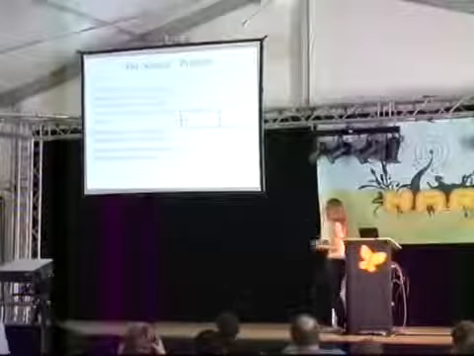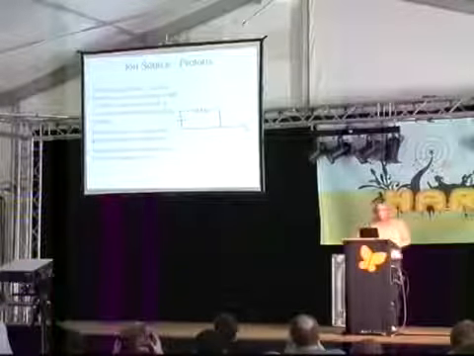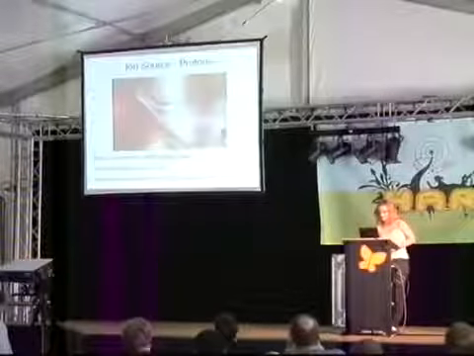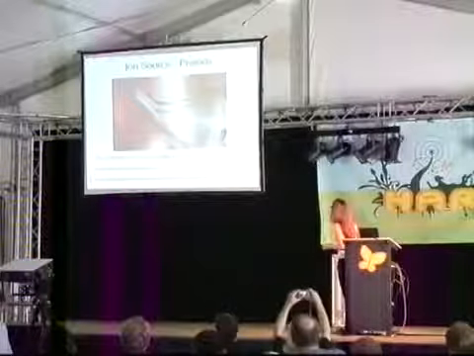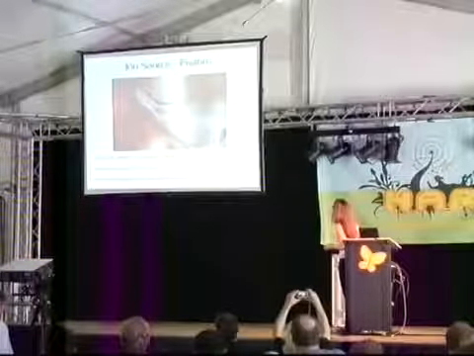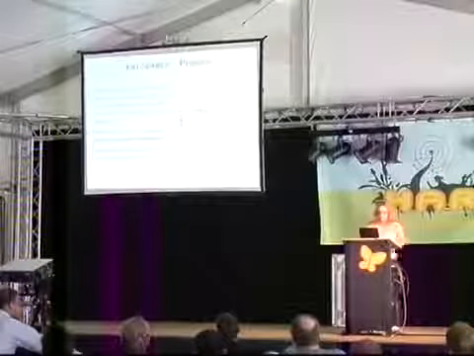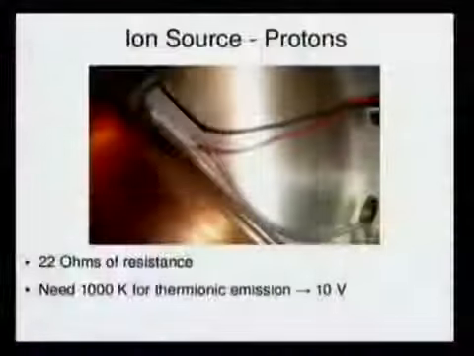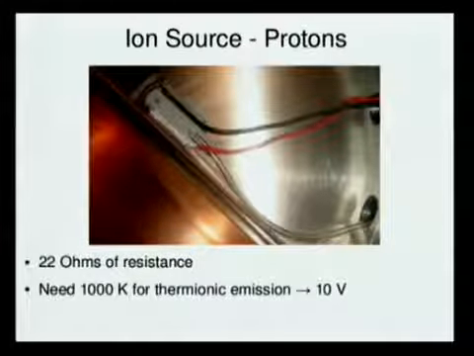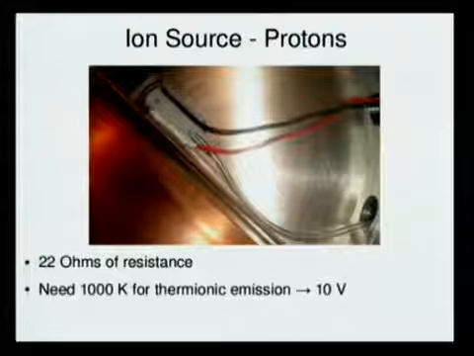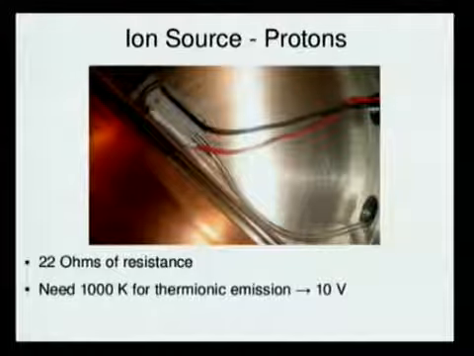So you have a constant stream of electrons flowing from the hot filament to the system ground. This is the coiled-up neodymium filament, and then the electrodes for that, and the hydrogen stream. You need about 10 volts to get the 1,000 Kelvin for thermionic emission, because that coil of wire has just 22 ohms of resistance.